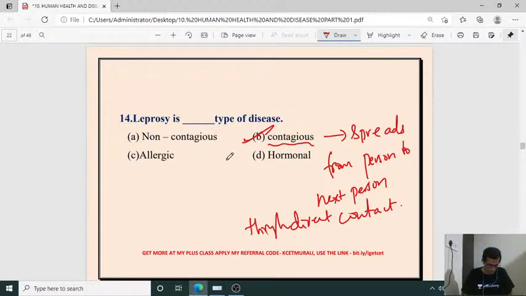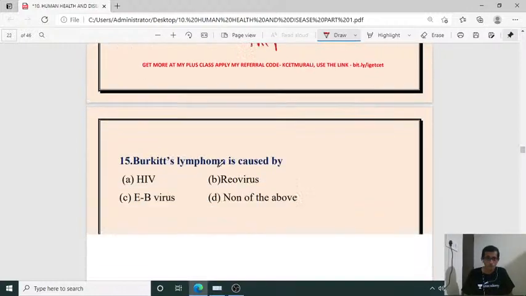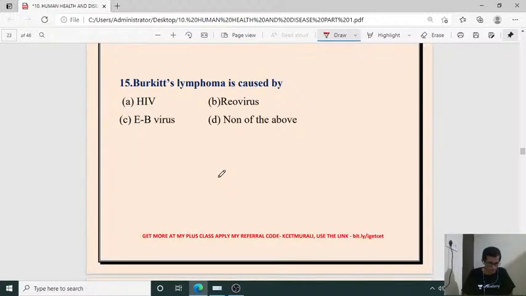Next, question number 15. Burkitt's lymphoma is caused by EB virus.